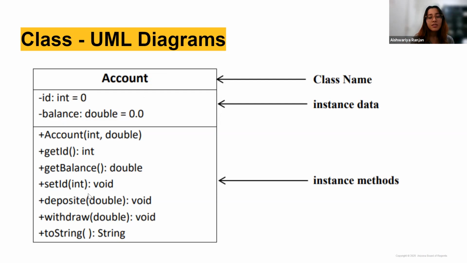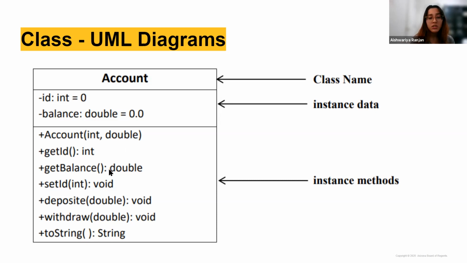Now we also see that this has methods. Over here you have the name of the method, and inside the brackets is the formal parameter list, what kind of inputs that method takes when you're calling it.